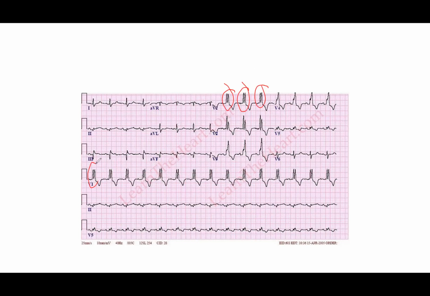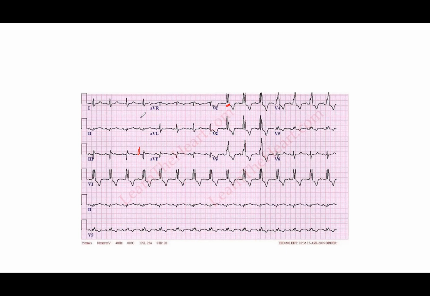Well, like this. That's not normal. So that's just that double R that we were kind of talking about once upon a time. So we got a wide QRS here. So P waves are present. P for every QRS. P's have the same morphology. PR interval is normal. QRS is wide.